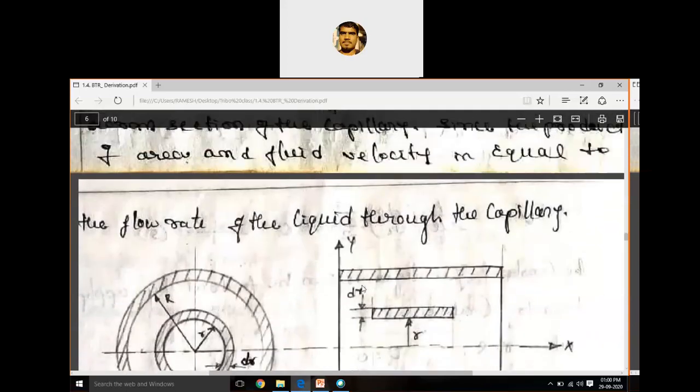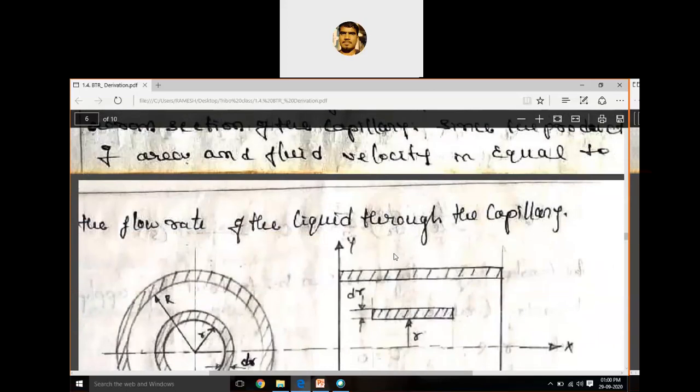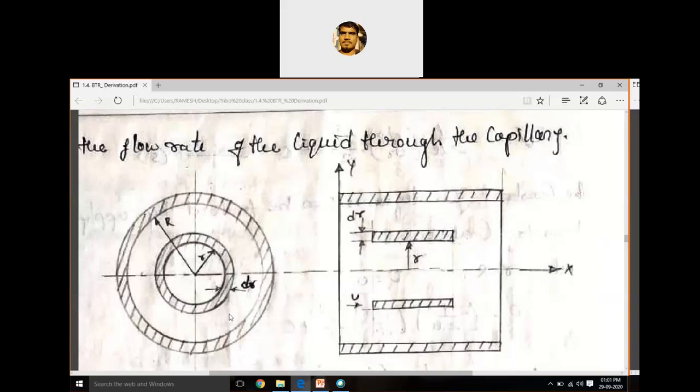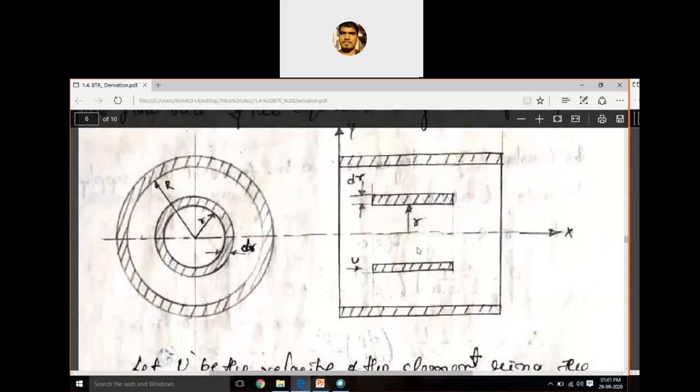Here also, same thing, we have to consider a small element through which the fluid is flowing. So it is a capillary, so we have to consider a circular element, and this is a side view and this is a front view through which it is flowing.